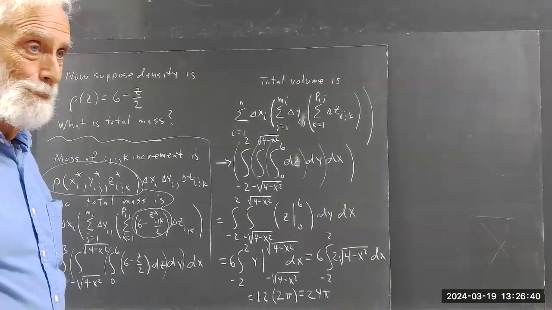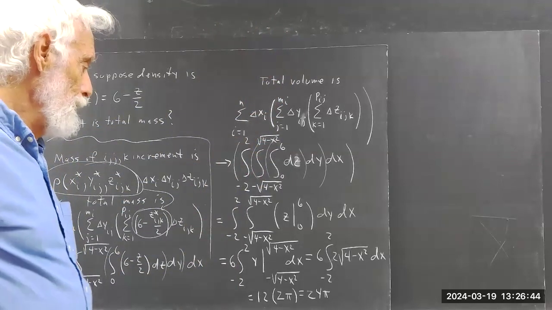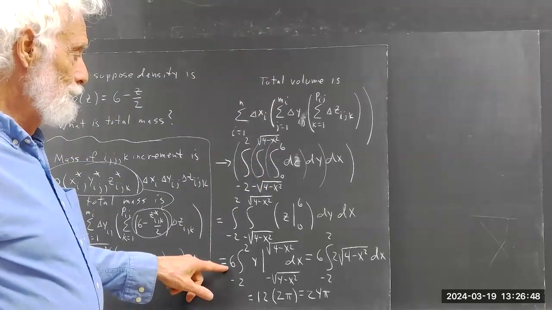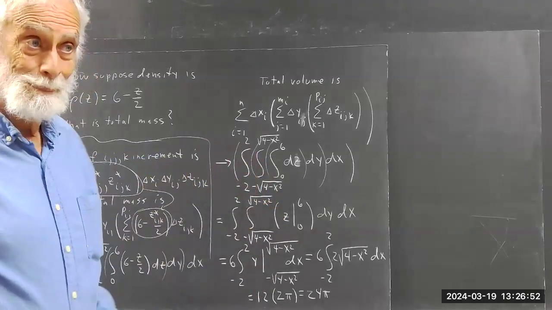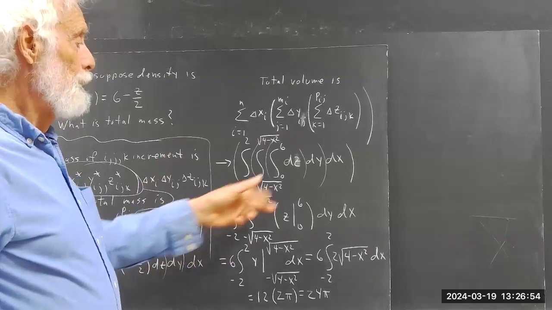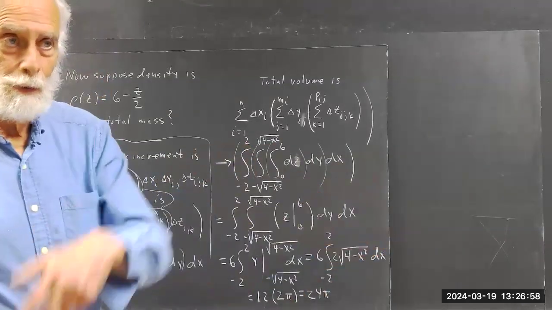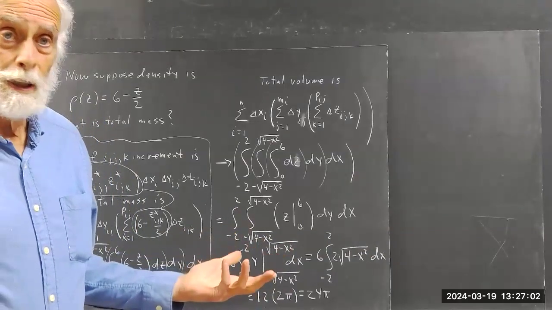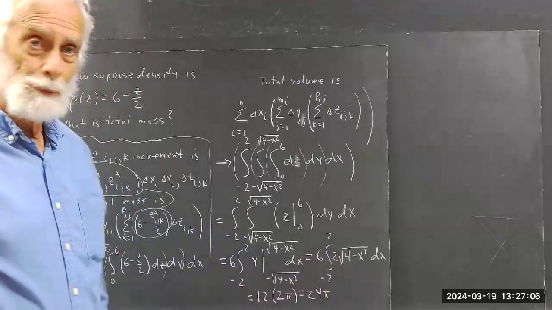If z was 6 minus x minus y, then you wouldn't get a 6 out in front here. You'd get a 6 minus x minus y inside here. So that when you integrate with respect to y, you have to integrate that, and integrate with respect to x, you've got to integrate that. Not a terrible complication, but it is going to complicate your expression when you get down to this.